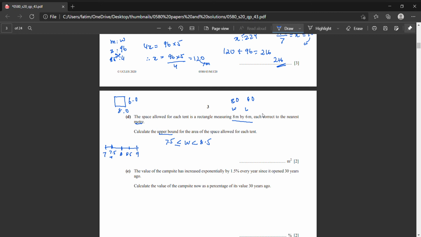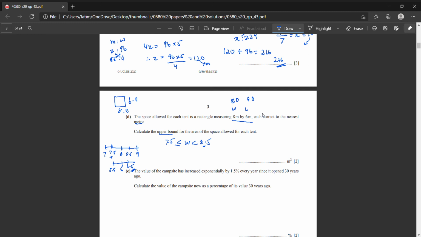So over here, the upper bound would be 8.5 for the width, and then for the length, which is 6, if we draw a number line over here, we have 6.5, and then we have 5.5. Now 5.5 rounded would give you 6. 6.5 rounded would give you 7. That's why anything before 6.5 can give us 6, provided it's greater than or equal to 5.5. So the upper bound for this will be 6.5.